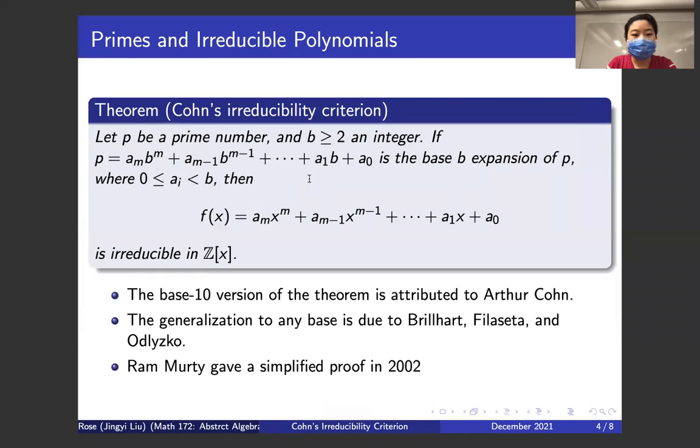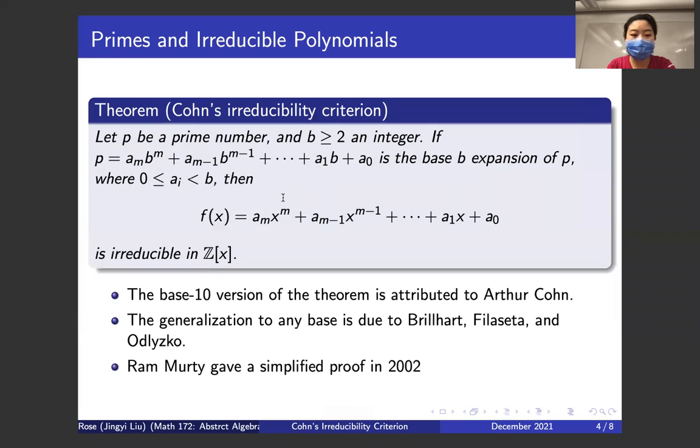So here's the Cohn's irreducibility criterion. Suppose we have a prime number p and b is greater than or equal to 2 and also an integer. And we write p in terms of the base b expansion, where the coefficients are between 0 and b minus 1.